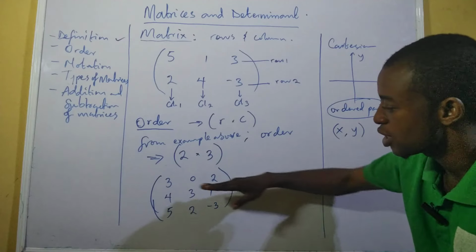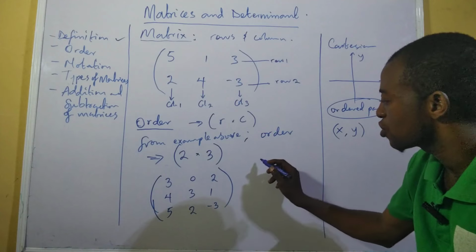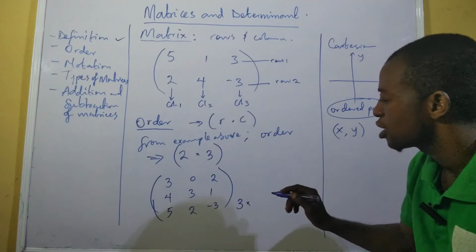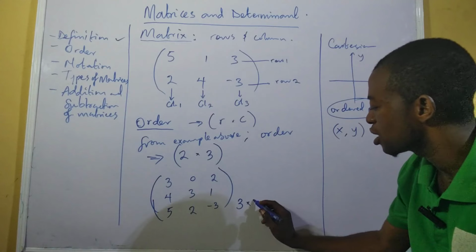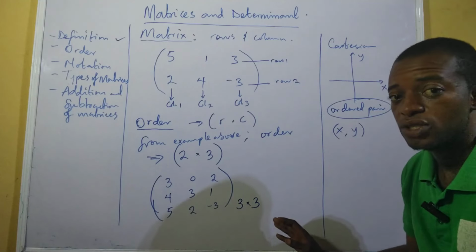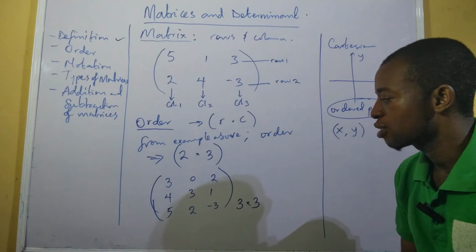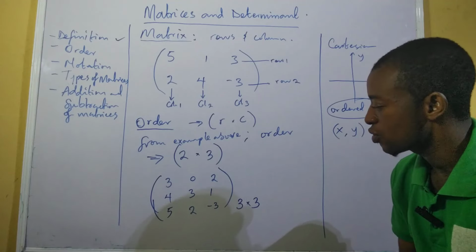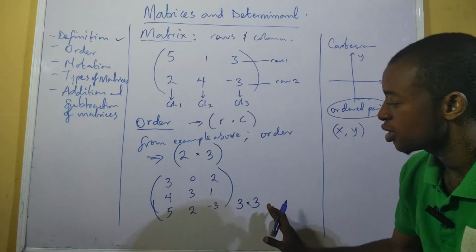The rows are horizontal, and it has 1, 2, 3. So it has 3 rows, so we write 3 for it. The order of this matrix is 3 by the columns. Also we have 1, 2, 3. That's a 3 by 3 matrix, and we call this a square matrix. We are coming back to the types of matrix anyway, so we'll see that there. So we call this a 3 by 3 matrix.